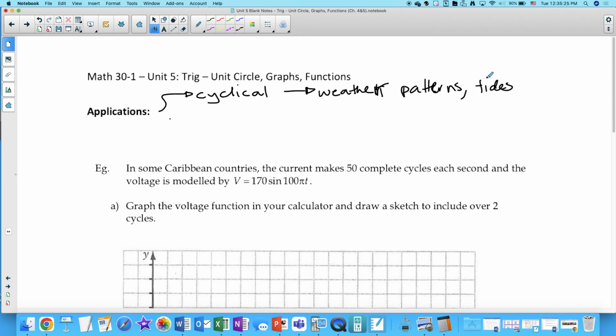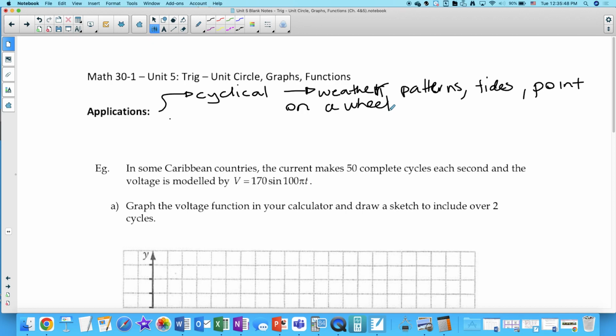Starts at the bottom, goes to the top, goes back to the bottom, goes back to the top, right? So any sort of point on a wheel, that's another really, really common application of trigonometric functions.